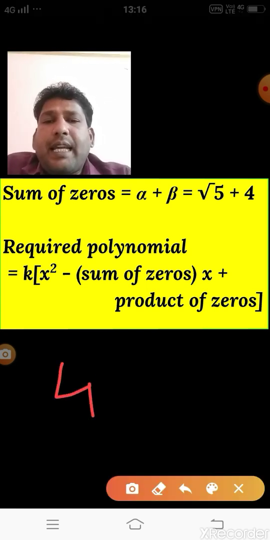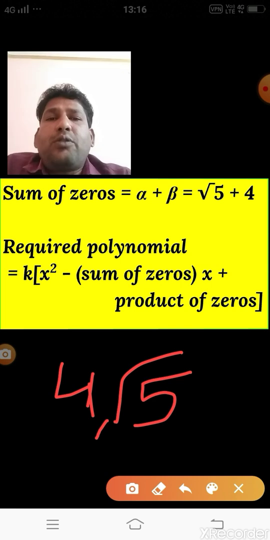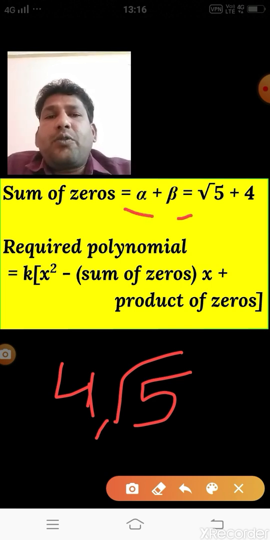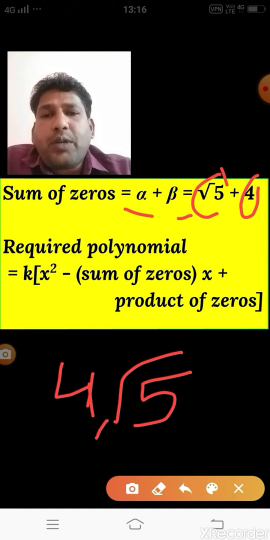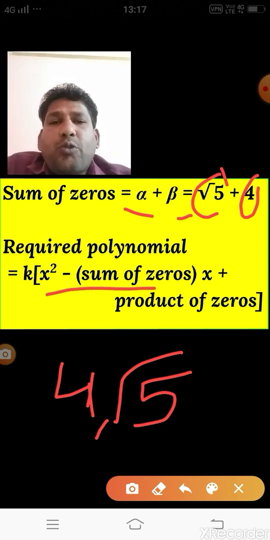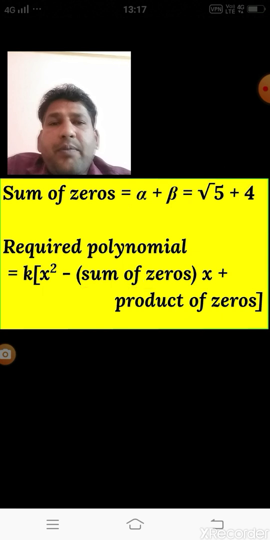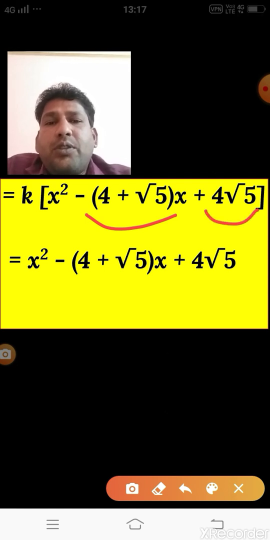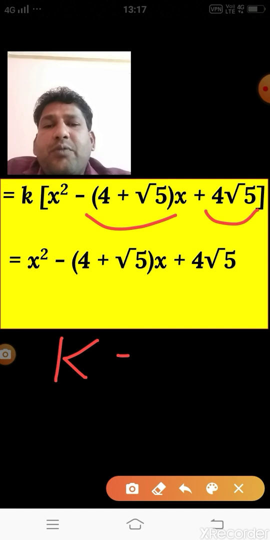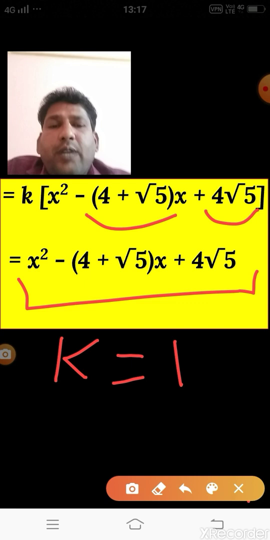The sum of zeros we can find because we have the values of alpha and beta: alpha is root 5 and beta is 4. Putting these in the relation k into x square minus sum of zeros into x plus product of zeros, and taking k as 1, we get x square minus (4 plus root 5) into x plus 4 root 5. This is the required quadratic polynomial.